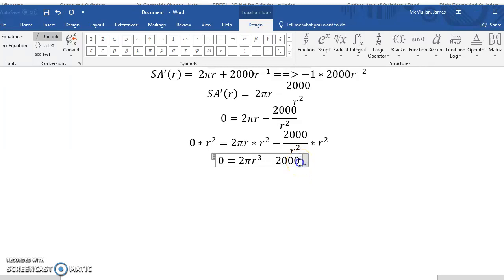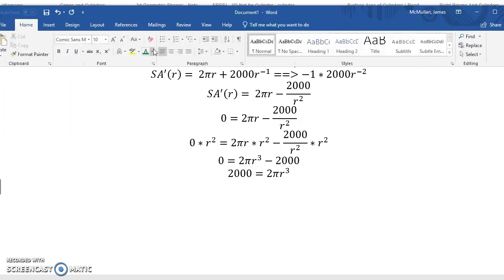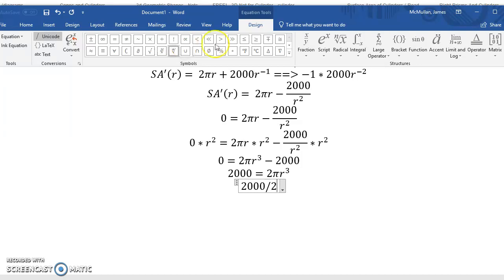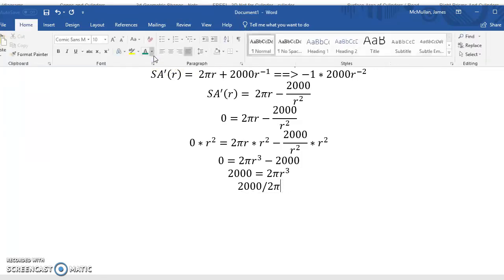So to finish this off, we just need to isolate r cubed, so we get another equation: 2,000 is equal to 2 pi r cubed, and therefore 2,000 divided by 2 pi would be equal to r cubed.